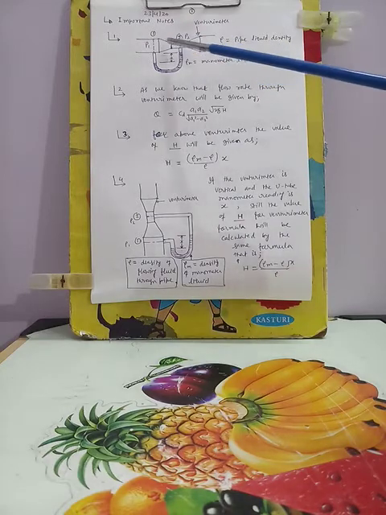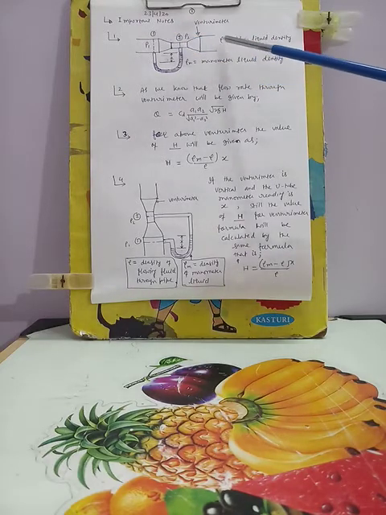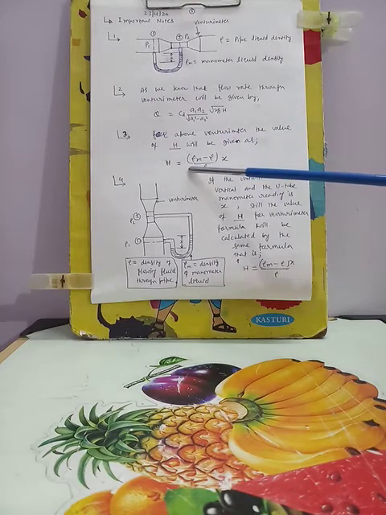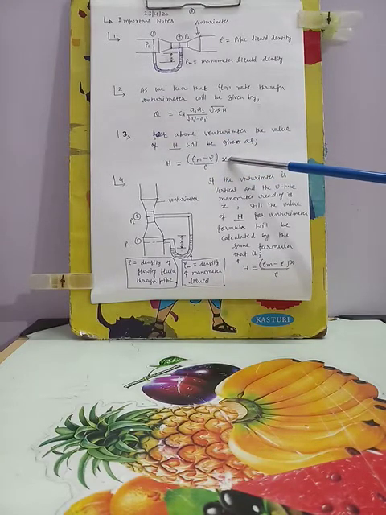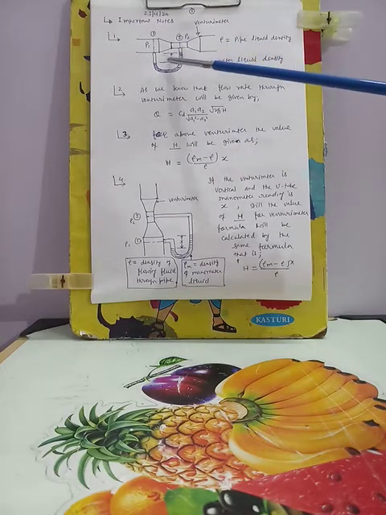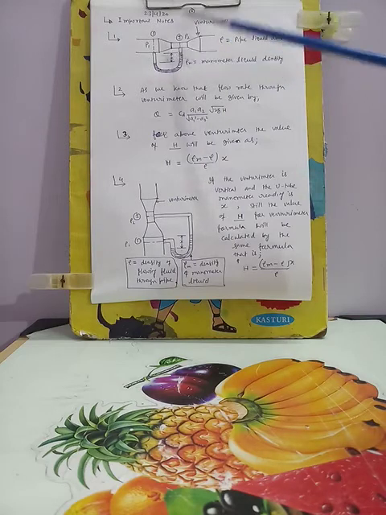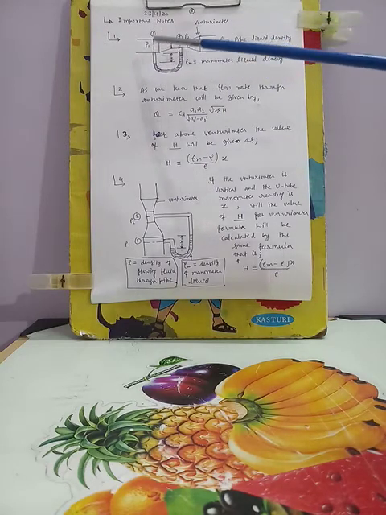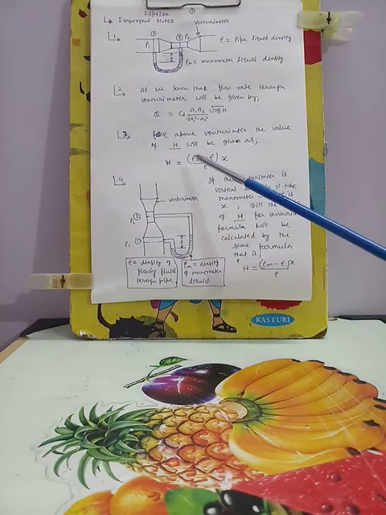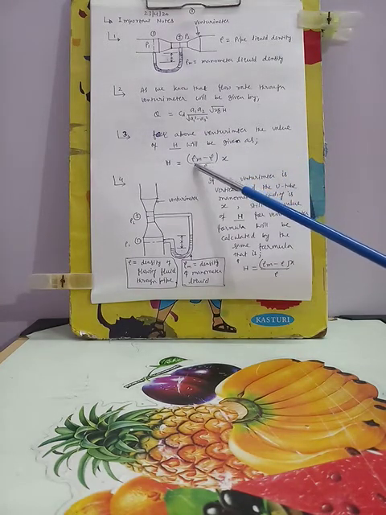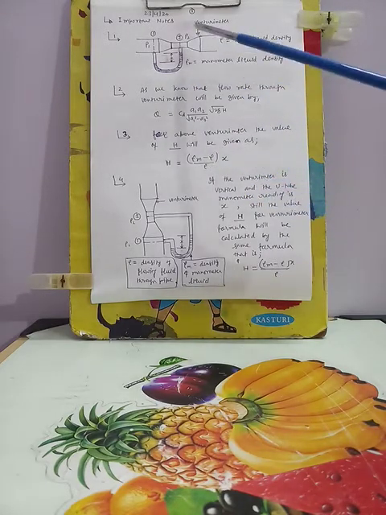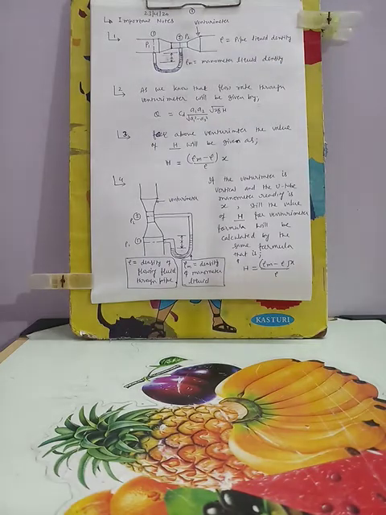So if the venturimeter is horizontal, then the value of H will be (rho m minus rho) by rho into x, where x is the difference of manometer columns, which is visible directly in the manometer, rho m is the density of the manometer liquid filled in the manometer, and rho is the density of fluid flowing through this pipe.